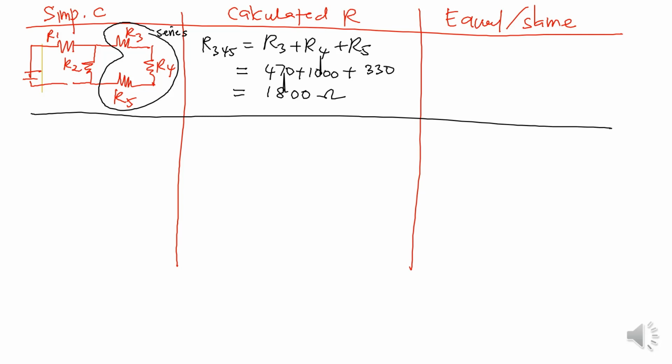Okay, itu yang pertama. And then kita simplify sikit. Okay, awak akan dapat ni R1, R2, R345. Okay, and then kita selesaikan.